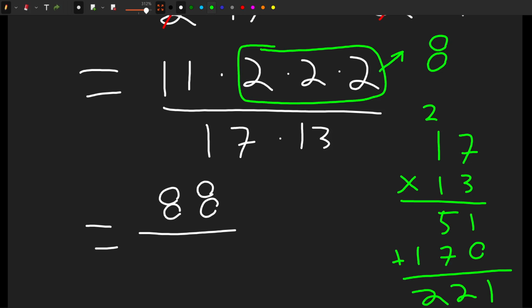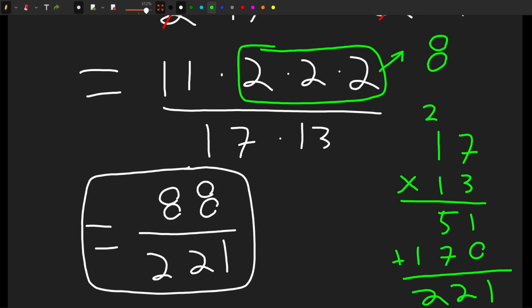And so our answer in this case is 88 over, whoops, went a little too fast there. 88 over 221. And since I did the prime factorization, I know that to be in simplest terms, and I wrote an extra 2. How dare I write an extra 2? There we go. Now it's in simplest terms. And there's our answer. Awesome.